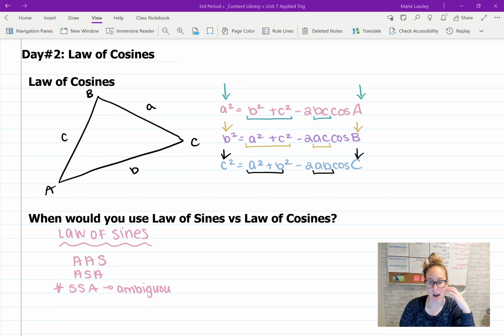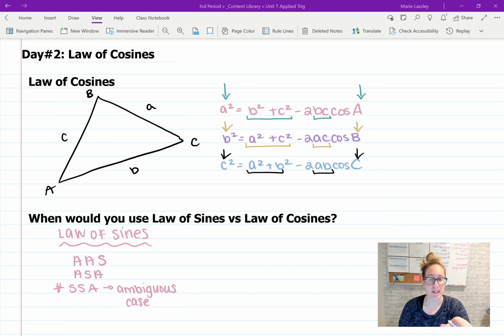You are not going to go over it this year. It is pretty tedious. What happens when you are given side, side, and an angle is it actually creates two scenarios, because we don't know the length of that missing side. And so you actually are going to have two answers for a triangle like this.